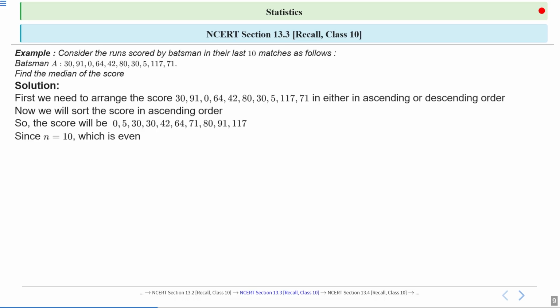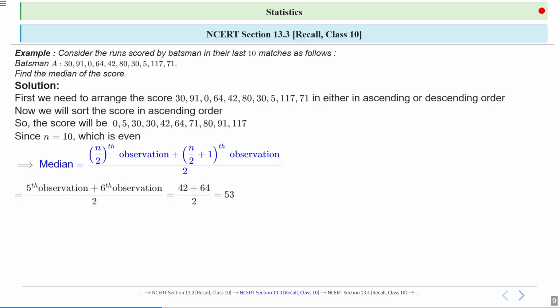Since n equals 10, and 10 is an even number, the formula for finding the median in an even set is: median equals the (n by 2)th observation plus the (n by 2 plus 1)th observation, upon 2. That means the average of the two middle terms is the median.